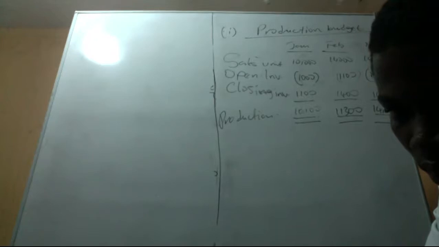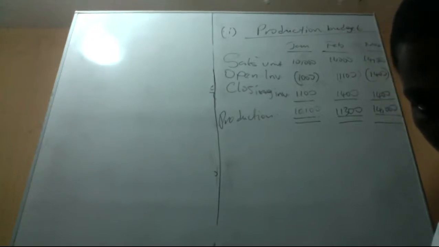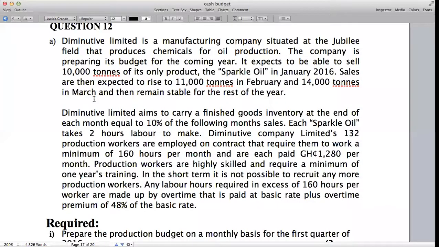So let me go and see the sales. It expects to be able to sell 10,000 tons of its only product, sparkle oil, in January. So January is 10,000.